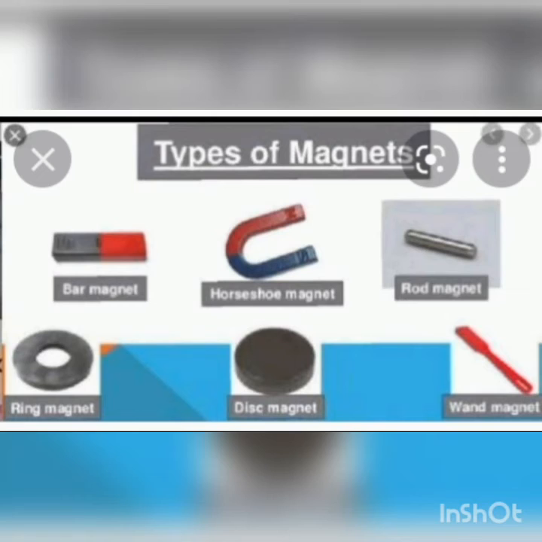Now comes the types of magnets. There are two types of magnets, temporary magnets and permanent magnets. Magnets that retain their magnetic properties only for a short period of time are called temporary magnets, and magnets that retain their magnetic properties for a long period of time are called permanent magnets. Temporary magnets are usually made of iron, cobalt and nickel.